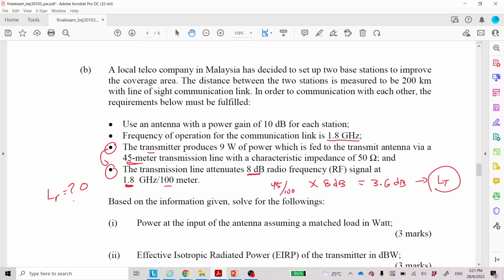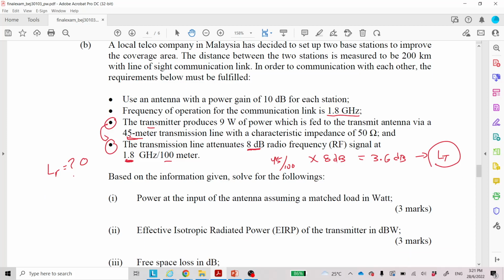So let's do this. Power at the input of the antenna, assuming a matched load, in watt. So how to calculate this? The power input to the antenna. How to do this?